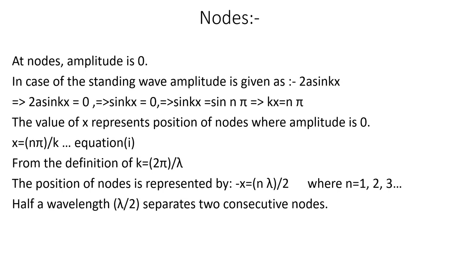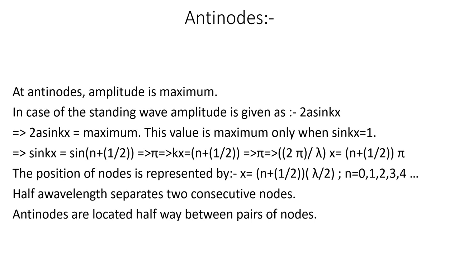And now we will discuss the expression for antinodes. Antinodes means the amplitude is maximum. In the case of a standing wave, the expression for amplitude is 2a sin kx. For 2a sin kx to be maximum, what is the maximum value of the sine function? It is 1.